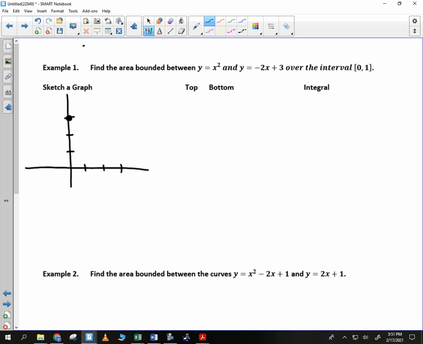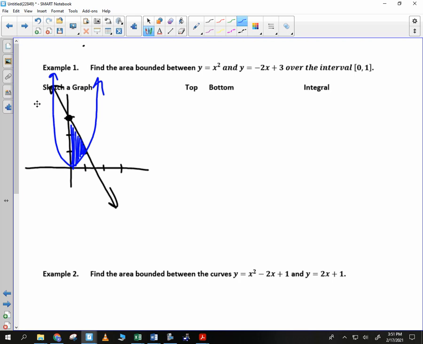I'm going to plot 3, go down 2 and over 1, and so you can see I get that shape right there. So that's one function. And then you have another function, which is x squared. That's going to look like that. And what we want to know is the area between those two functions from 0 to 1. So you're going to look at this area right there between 0 and 1.